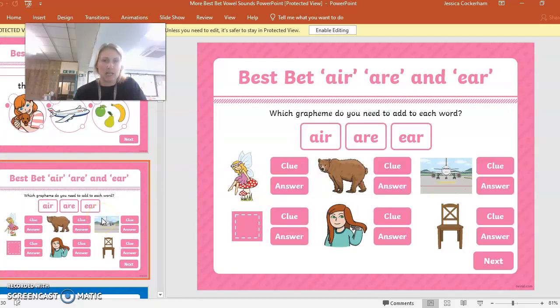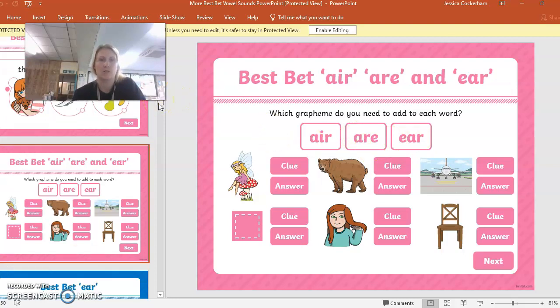Let's have a look at this here then. Which grapheme do you need to add at the end of each of these words? Okay, so we've got the air here, air, air, air. Look at the picture and write down the words. This one here though isn't here, is it?